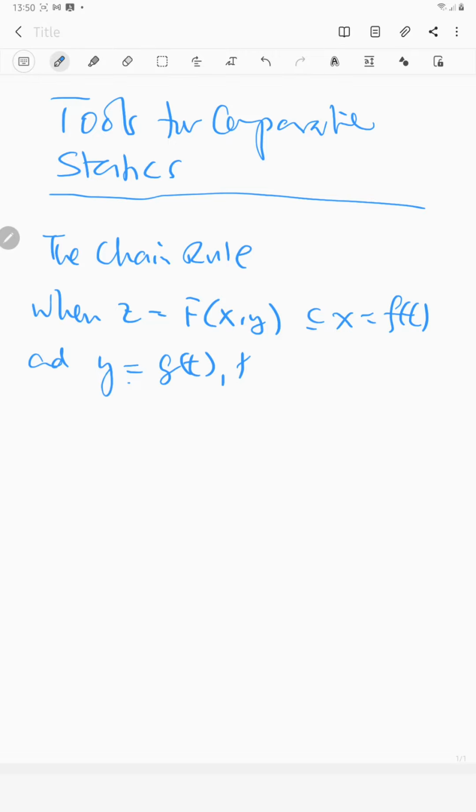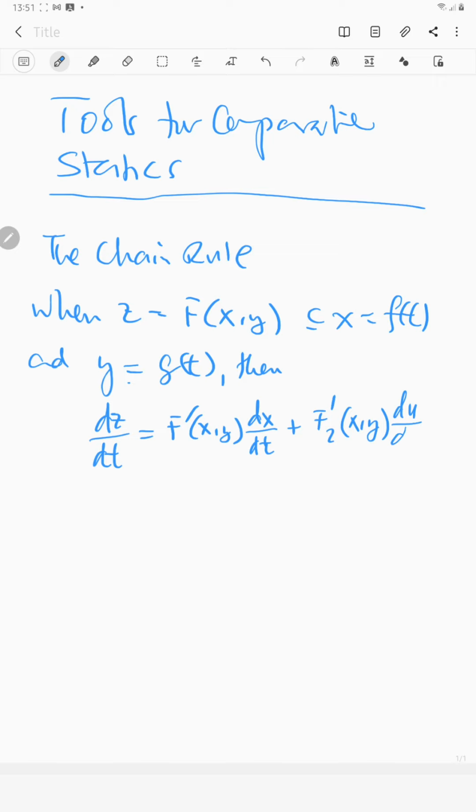Then we can find dz/dt equal to F1'(x, y) dx/dt plus F2'(x, y) dy/dt. So this is the general formula that can be used to define the situation.